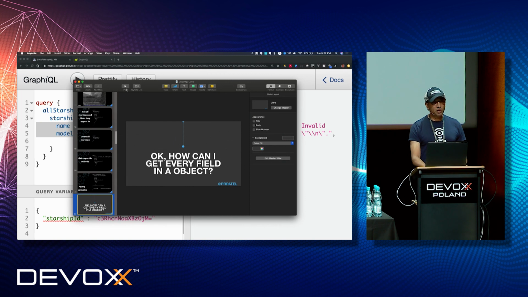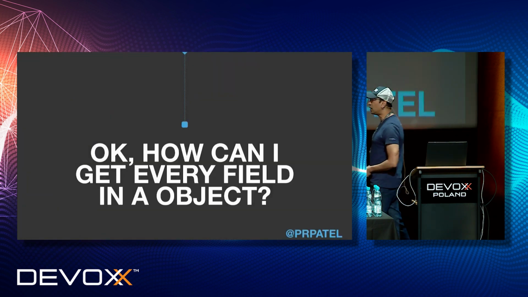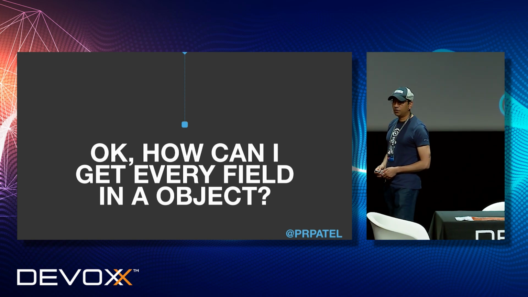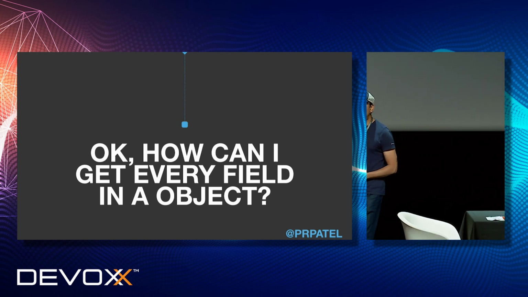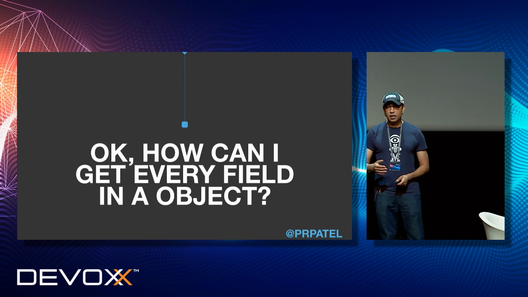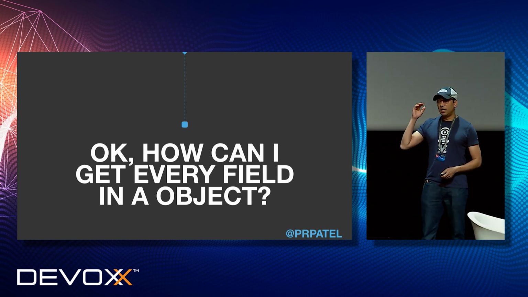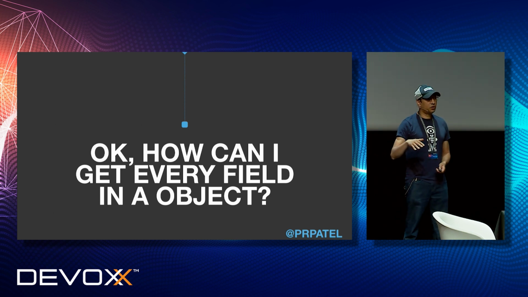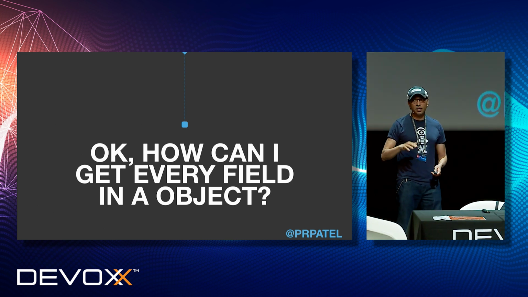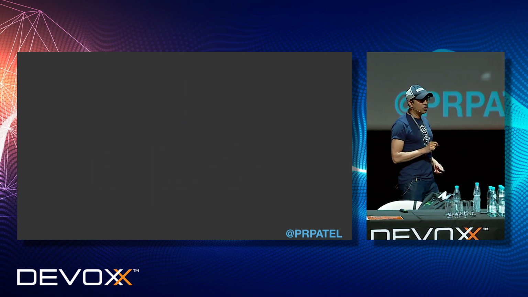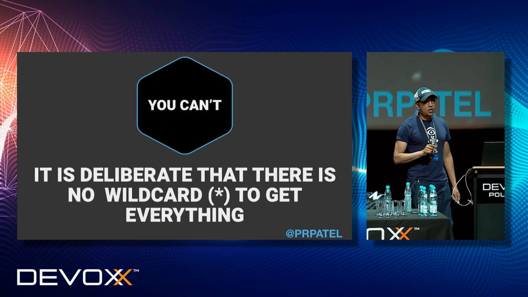And this is one of the interesting things about GraphQL: there is no wildcard character for fetching things, right? So you can't get every field in an object. You have to be declarative and say, I want the date that starship was created, the name of it, how big it is, blah, blah, blah. You have to specify exactly all of the different things that you want out of an object.